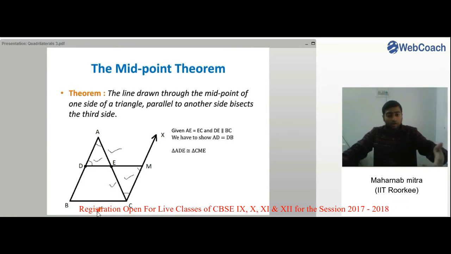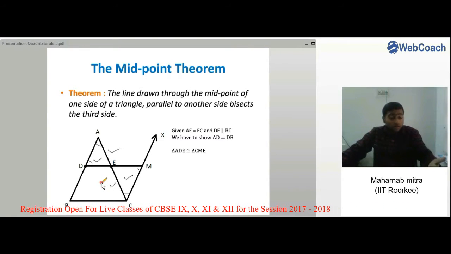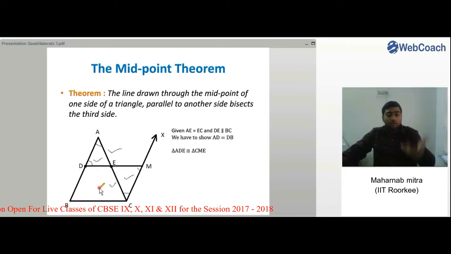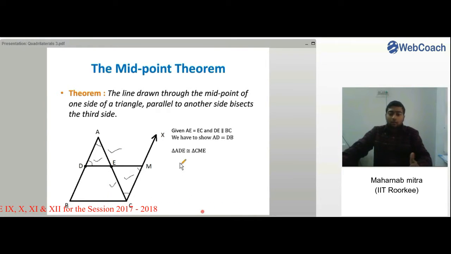You can also consider the vertically opposite angle with the vertex at E, and you can easily find out that triangle ADE is actually congruent to triangle CME, right? And from there we find out by CPCT AD equals CM, right?